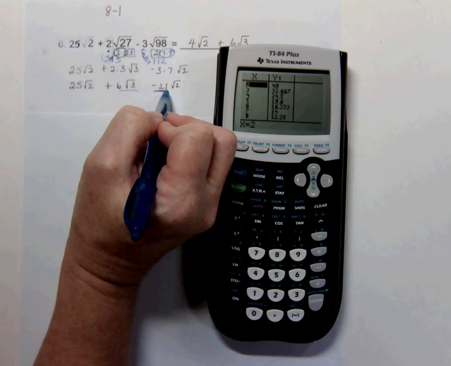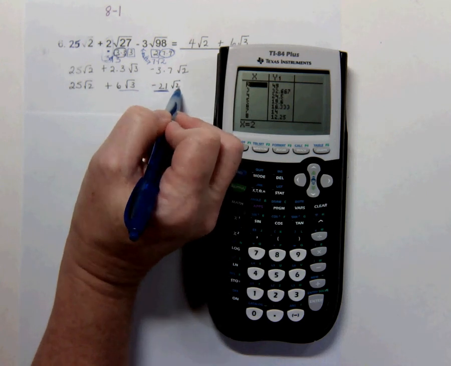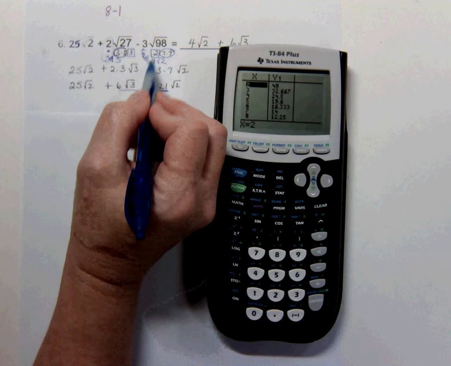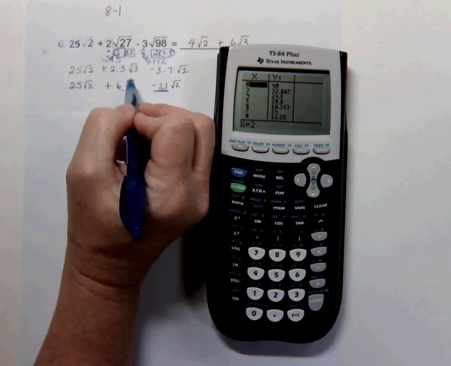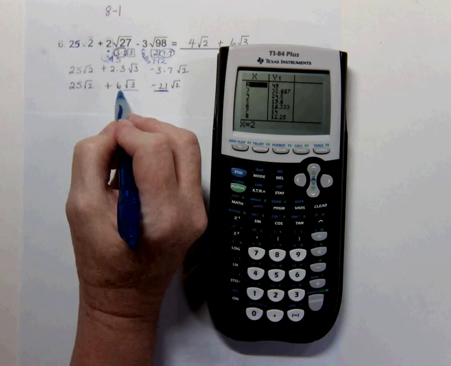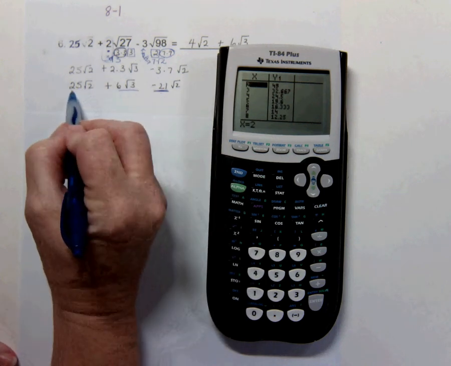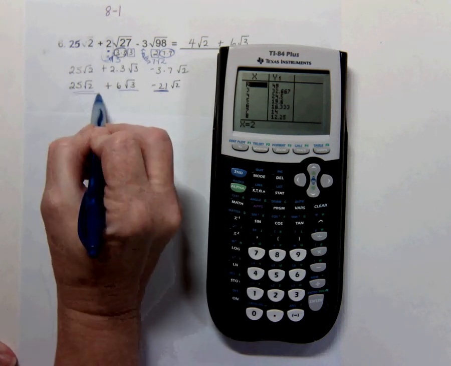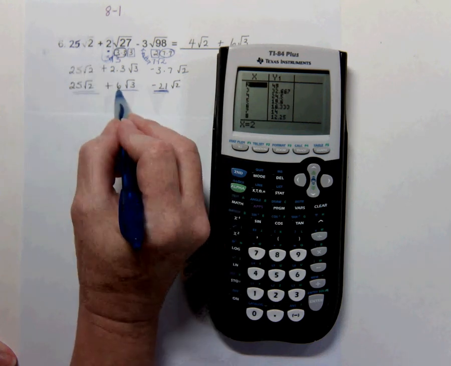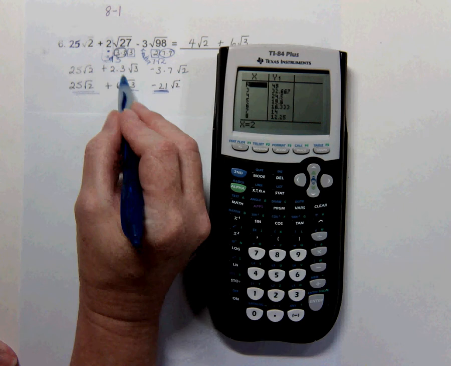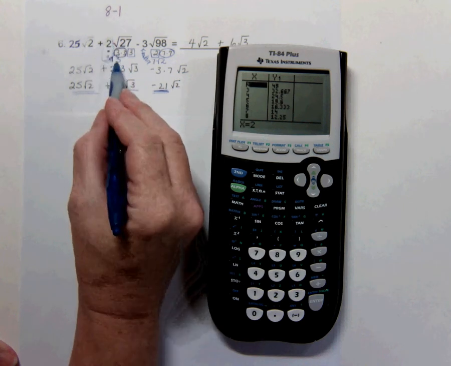Study that closely because this square root of 2 is under our box. This square root of 3 is what was boxed, so it doesn't factor completely out of the radicand. Alright, so look at what's common here. We've got 25 square roots of 2 from the original problem, plus 6 square roots of 3 because of having to multiply this, and that stayed under.